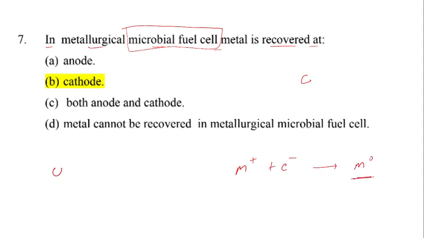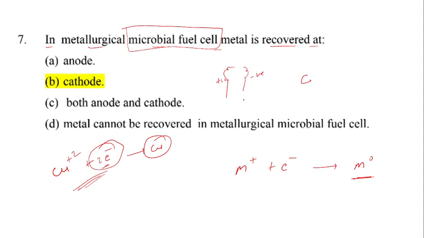We discussed this example. Suppose it is copper, Cu2+. When it gains 2 electrons, it will make copper metal. So this reaction will happen where? At the negative terminal, because it needs 2 electrons. Suppose this is your cell, so you can say this is the negative electrode, this is the positive electrode.